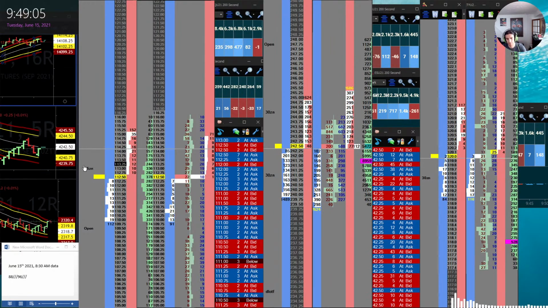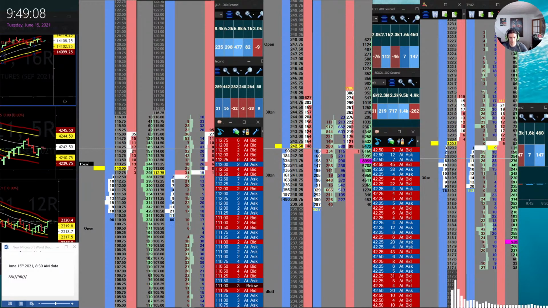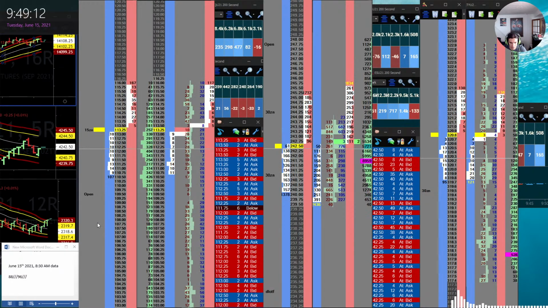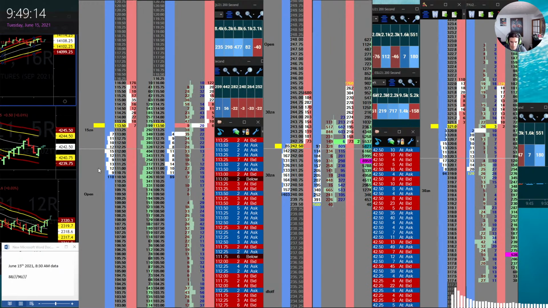Yeah, 13.25 there. This is like a make or break zone here. This, I thought I had marked in 07. That's odd.